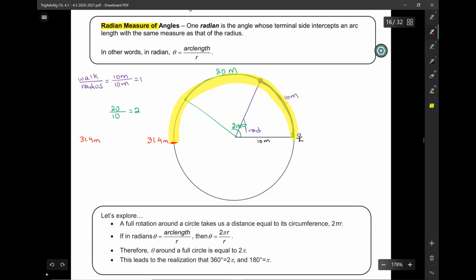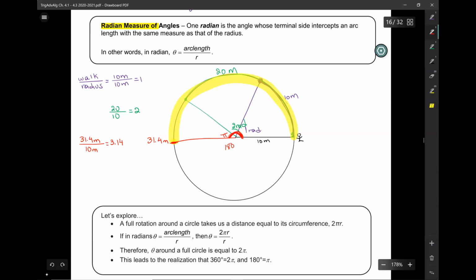You walked this much divided by 10 meters. That is 3.14. So that angle you've created there is 3.14 radians, otherwise known as pi. So that's where pi comes from. If you walk the distance around half of the circle, the angle you've created is pi.